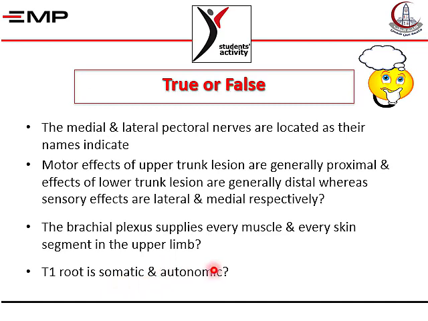But it is also autonomic, particularly sympathetic, because, as you know, the sympathetic outflow includes thoracolumbar segments of the spinal cord, beginning from T1 till L2. So the T1 root carries somatic fibers and sympathetic preganglionic fibers, which leave it as white rami communicantes to join the sympathetic chain.